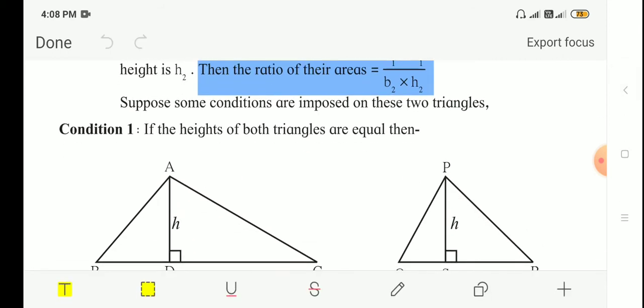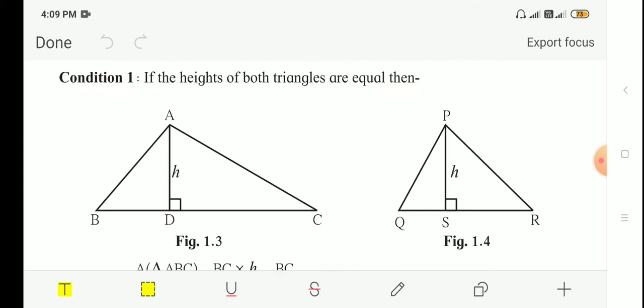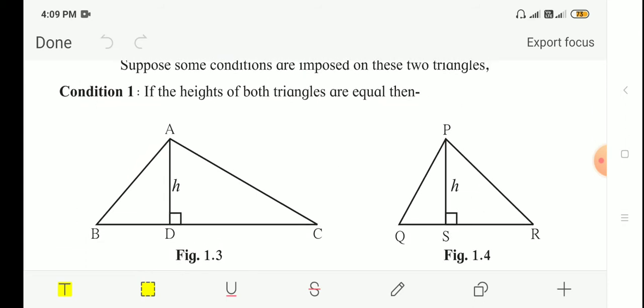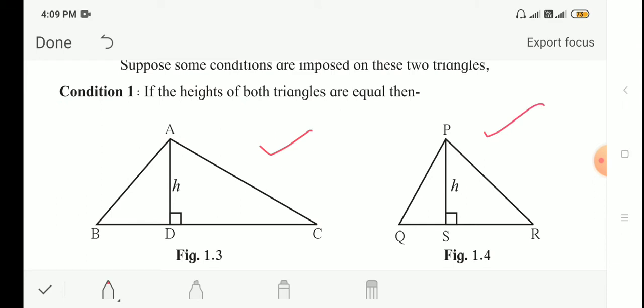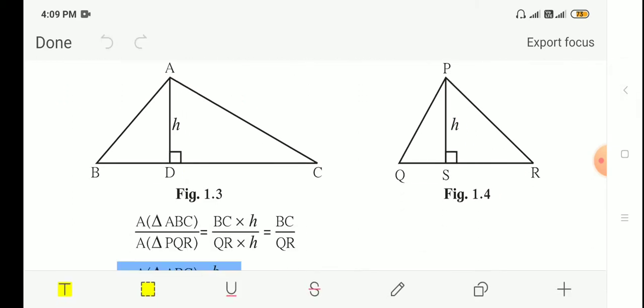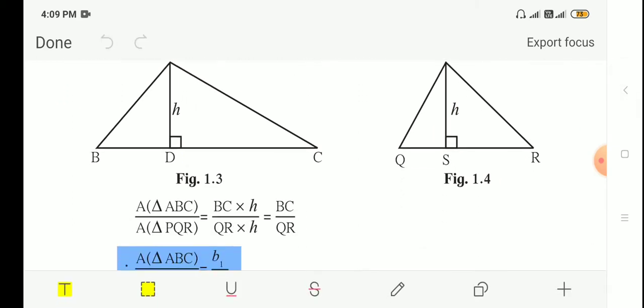If height of the two triangles are the same, then how to get the ratio of area of two triangles? Observe the figure on the screen. In triangle ABC and triangle PQR, BC is the base, AD is the height. Suppose height is H. QR is the base, PS is the height H. Then ratio of area of two triangles is equal to BC into H divided by QR into H. H is the common factor, this cancels.